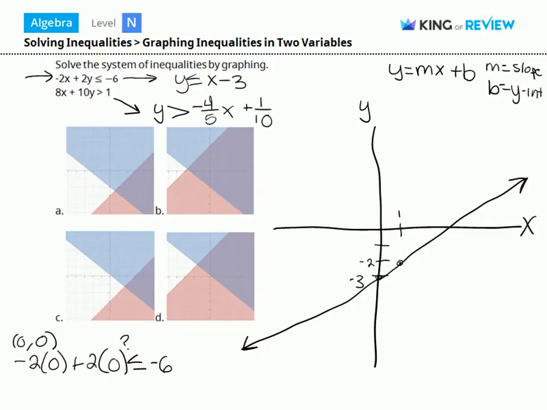We're trying to determine if this is true. This gives us 0 is less than or equal to negative 6. Is this true? No, 0 is not less than or equal to negative 6. Therefore, we know that the point 0, 0 is not part of our solution. So we'll shade the side of the line that does not include the point 0, 0. So we'll shade like this.